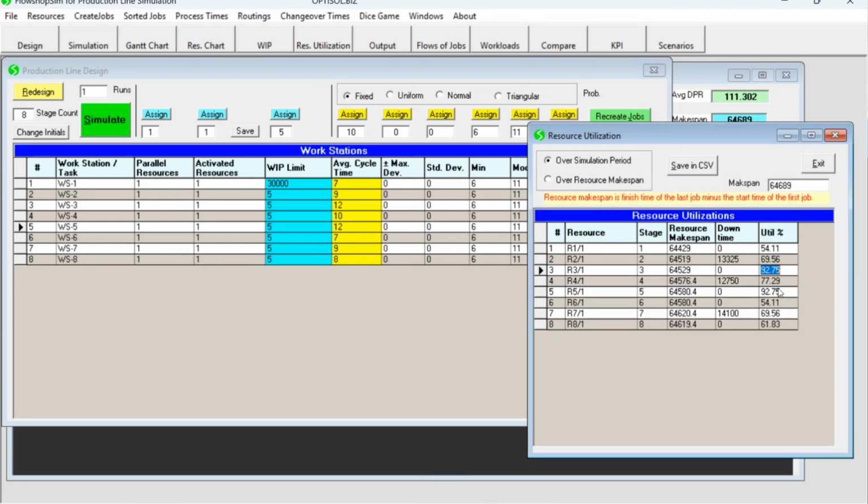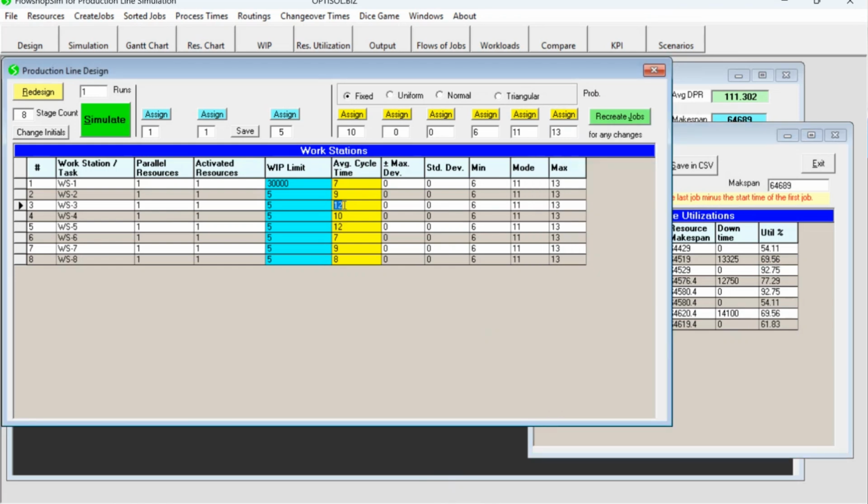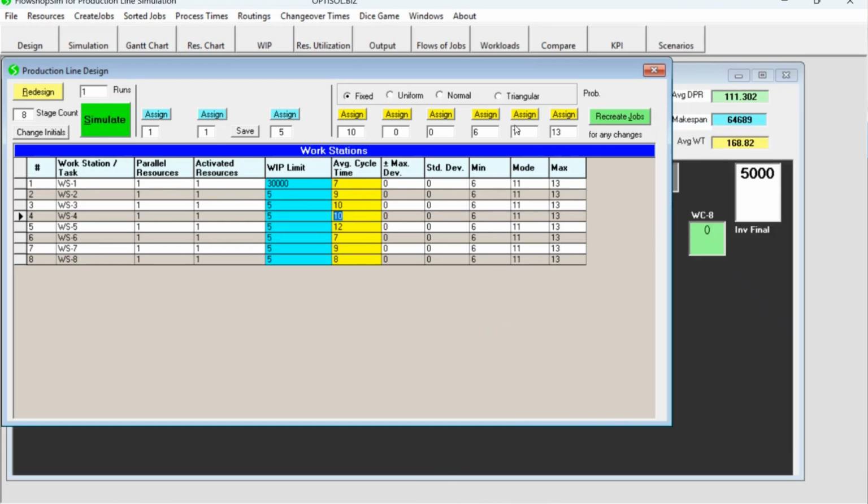For example, I want to reduce the cycle time by 20% here, say make it 10 instead of 12. That is reducing by 20%, and I will simulate this scenario. I reduced the cycle time at the third workstation from 12 to 10 and want to see the advantage.